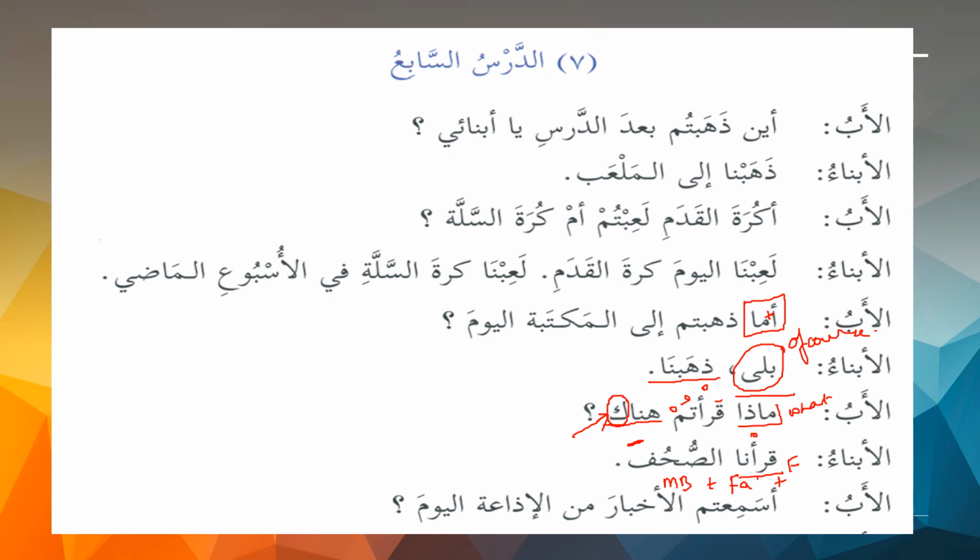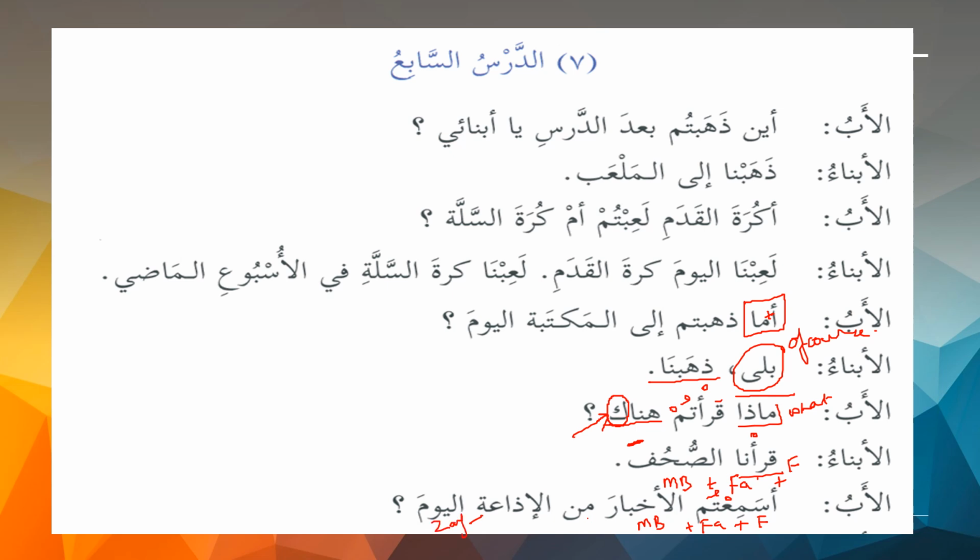So the father says, asami'tum al-akhbara. So here also you can see put the formula fi'l plus fa'il plus مفعول به من الإذاعة. Now due to the harf jar majroor and اليوم is ظرف.